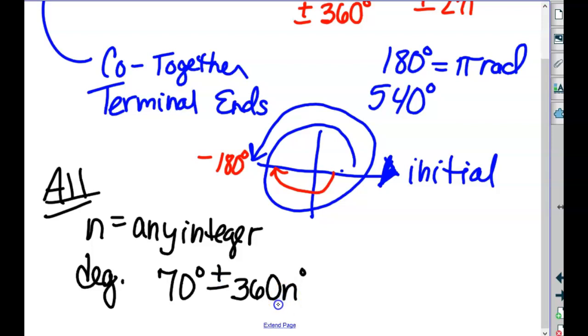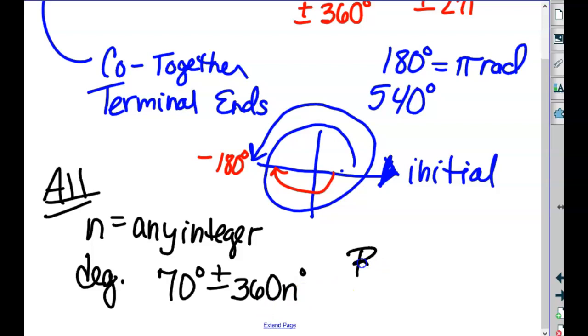Because n is an integer, it's got to be a whole number of times. Does that make sense? The book will just say plus, because integers themselves can be negative, right? So they're trying to save themselves a little, but I always write plus or minus in my brain. That reminds me that I could be going either way to find the same spot.